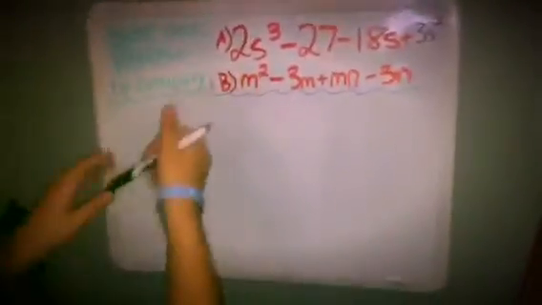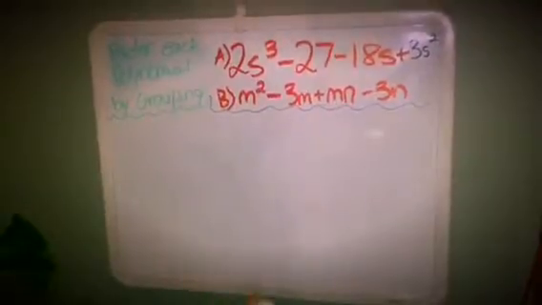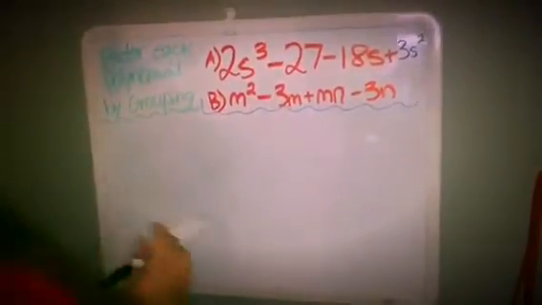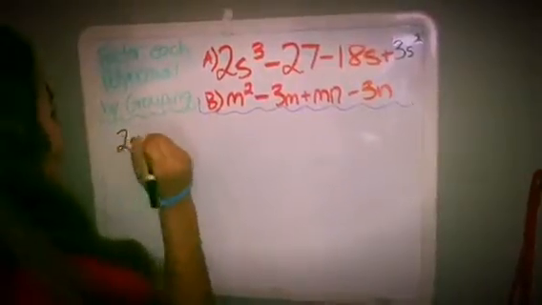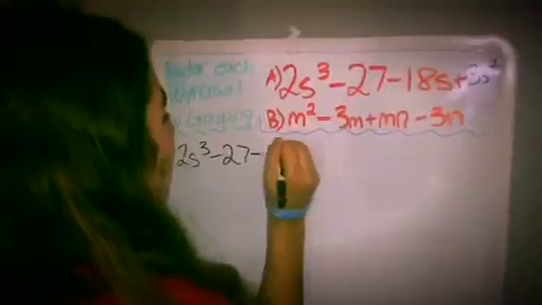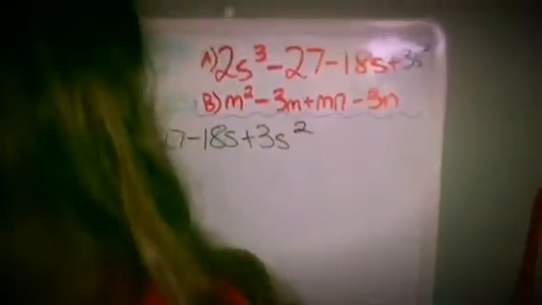So our next problem is 2s cubed minus 27 minus 18s plus 3s squared.